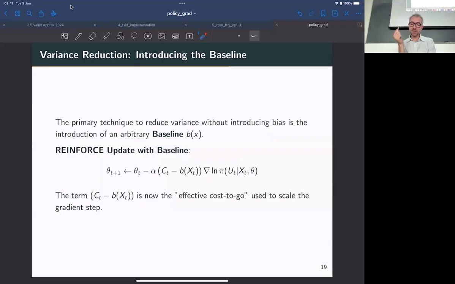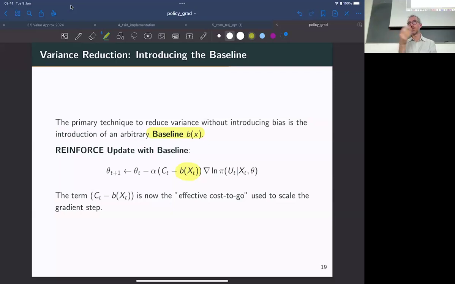So what is a baseline? A baseline is a constant that you subtract from the cost to go that you use in the policy gradient estimation. So it's this B term that we are introducing there, which I said it's a constant. It's a constant in the sense that it's independent of the action U. It can depend on the state, however, X. So it's more correct to say that it's a function of the state.